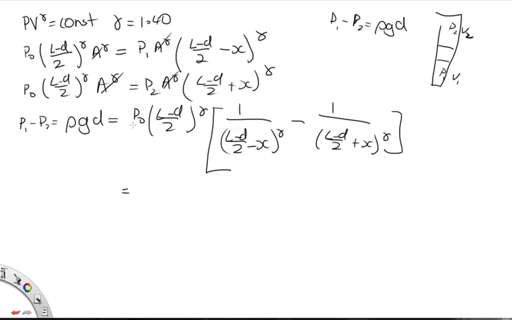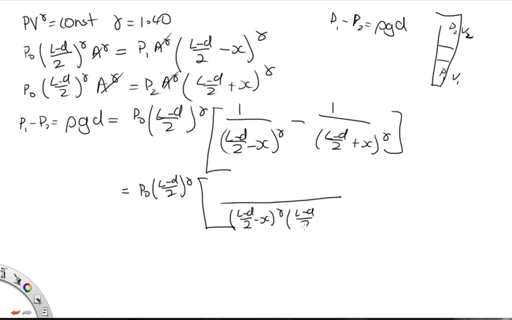Okay, let's rearrange this. So we've got P naught (L minus D over 2) to the gamma. Let's give this a common factor, (L minus D over 2 minus X) to the gamma, (L minus D over 2 plus X) to the gamma.